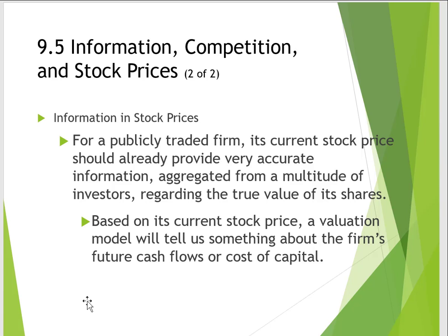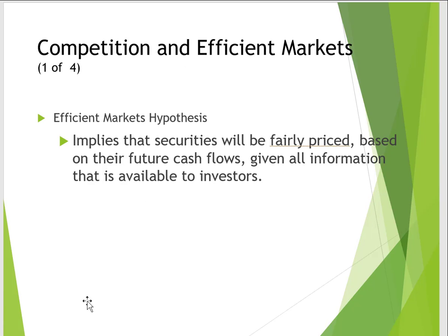Based on the current stock price, a valuation model will tell us something about future cash flows and/or the cost of capital. The theory that we're talking about here is called the efficient markets hypothesis.